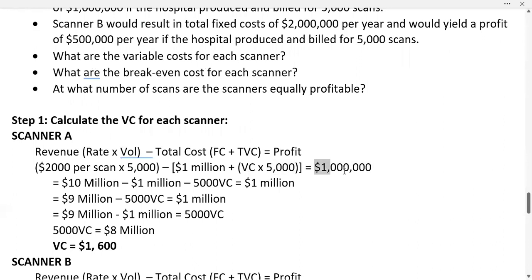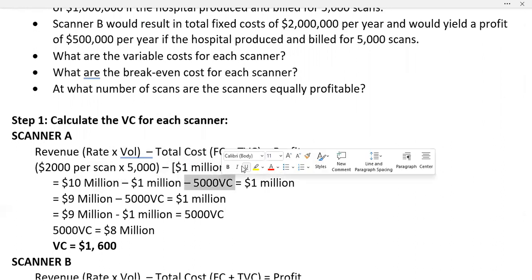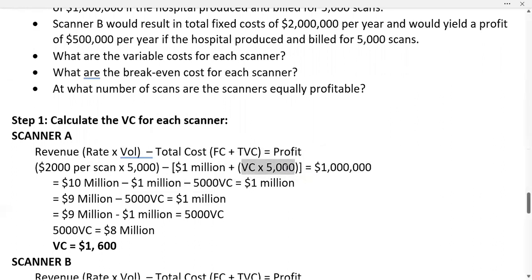We also assume the profit here is $1 million for scanner A. So 2,000 times 5,000 gives you $10 million, minus the $1 million fixed cost, minus 5,000 VC for your total variable cost, equals $1 million.